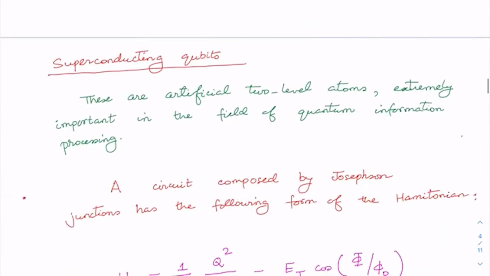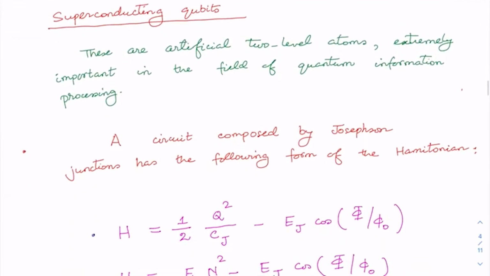Then we went on to discuss superconducting qubits, and these are extremely important because they are artificial two-level atoms, very relevant in the field of quantum information processing.